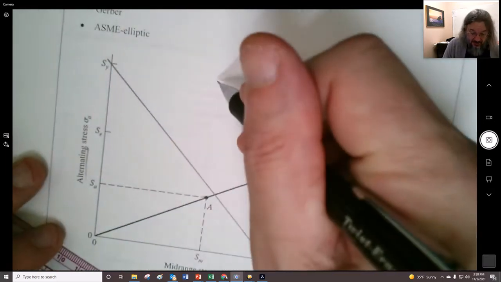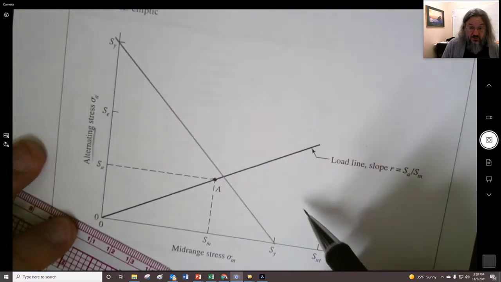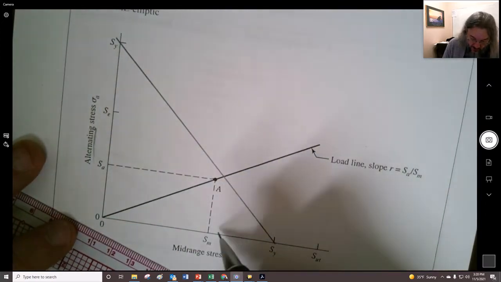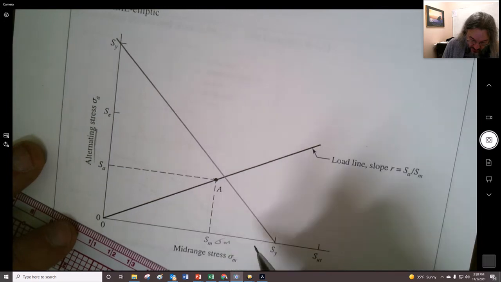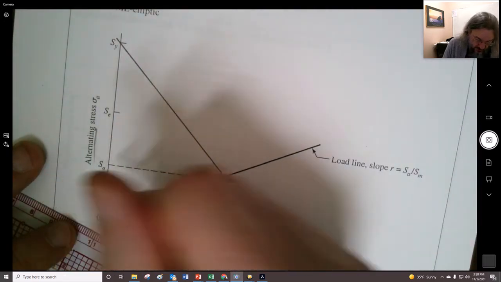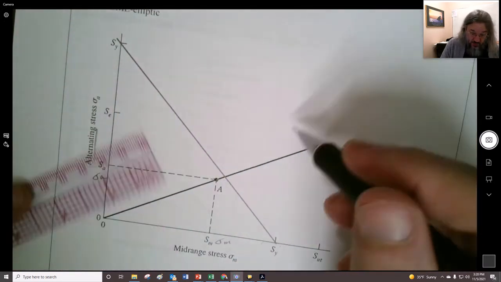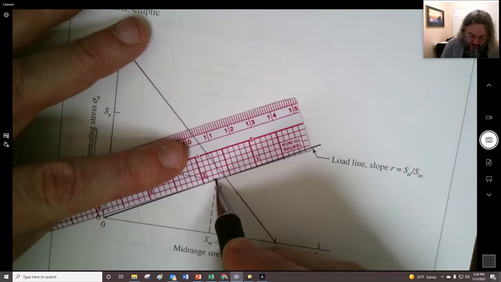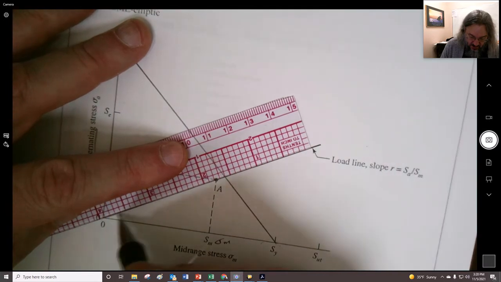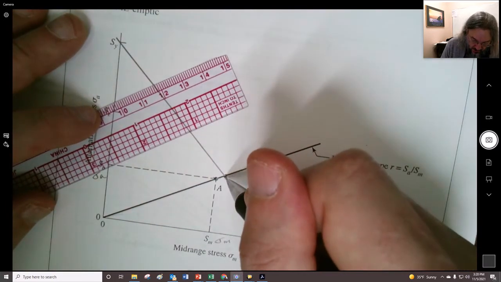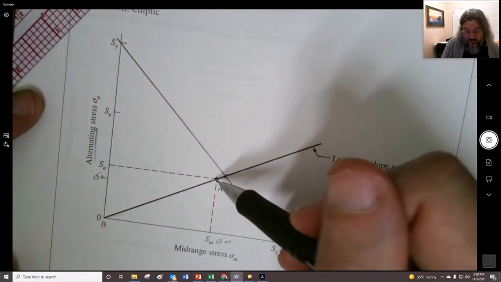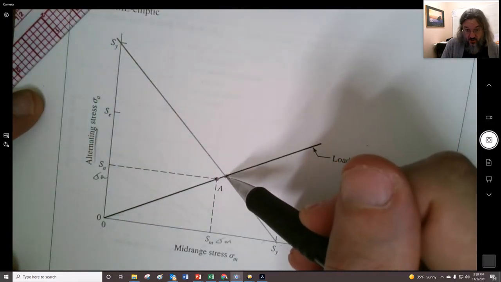And the idea of this graph, by the way, is if you plot the mid-range stress and the alternating stress, and you find a point right here, this is like a load line. And if you continued along with that same ratio, right here is where it would cross, right? So here is the actual point, and here's where it crosses.